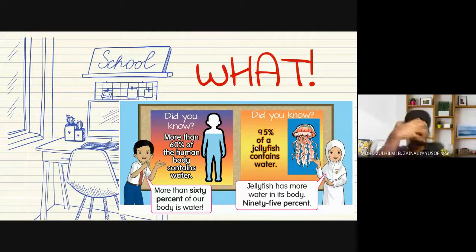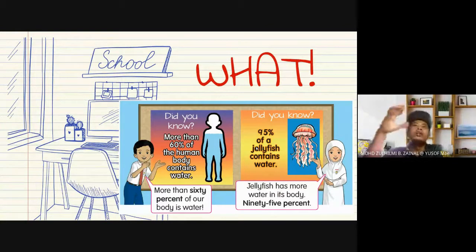Mostly, 60% of the substance in our body is water. How do we know what that 60 is? It is out of 100%. Out of 100% of our body, 60 of it is water. Easy, right? Our body is made up of 60% water. That's the use of percentage in our daily life.